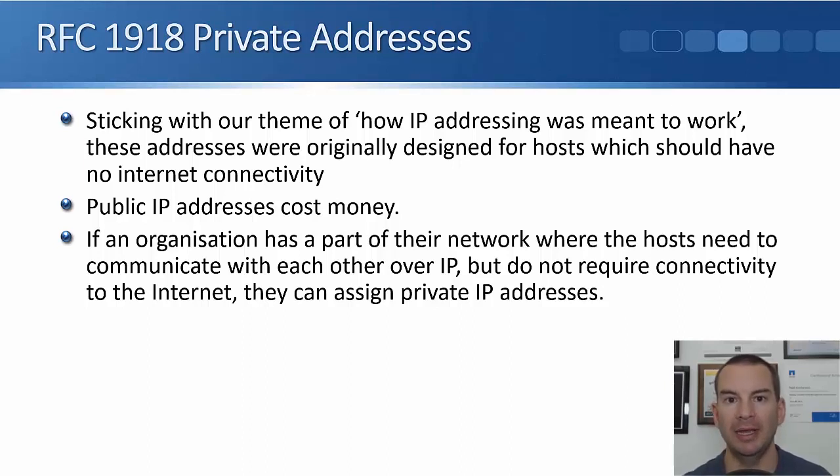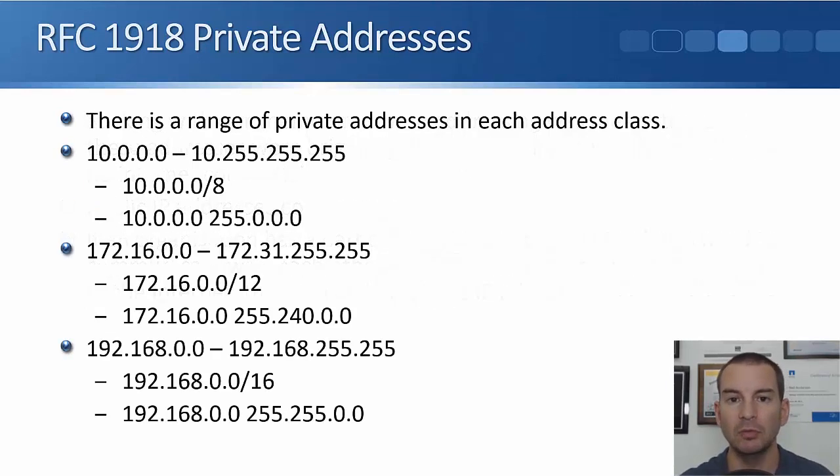That would be a waste of money paying for IP addresses that are never going to be used. So a way that you could save money is by using private IP addresses on there instead. The other benefit you get from it is that the hosts are not going to be connected to the internet, so it makes them more secure as well, and it locks down that they can't talk on the internet.